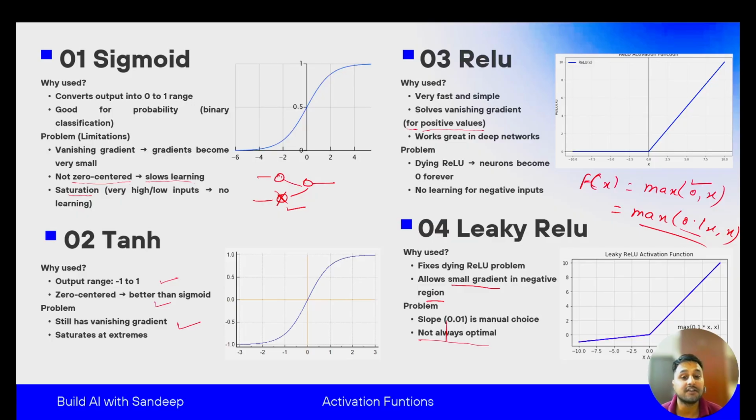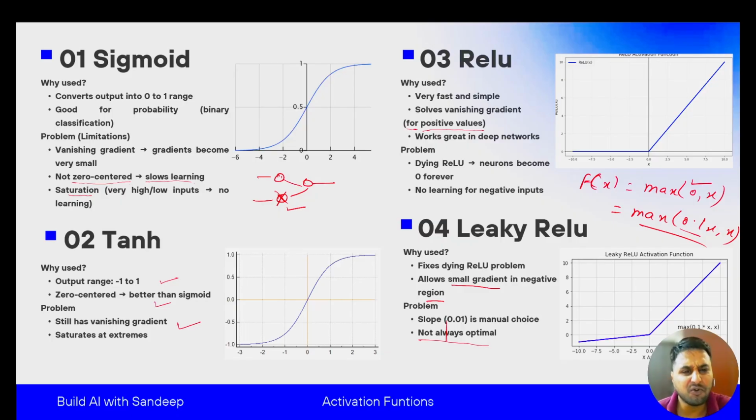So researchers experimented with different constants, 0.01, 0.1, 0.2, 0.02, anything, and different datasets behave differently for different chosen constants. So that is the big problem in leaky ReLU, that the constant is not learned by the model, it is static and it could be anything. That is the bigger problem that leaky ReLU also faced, and it is not always the optimal activation function.